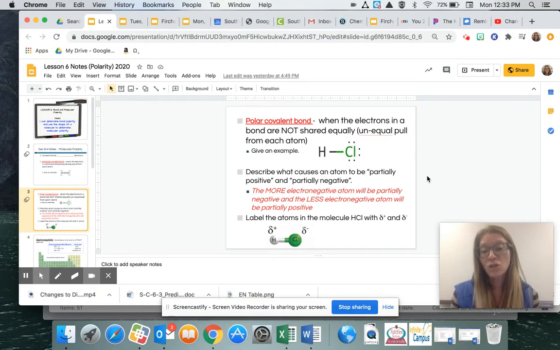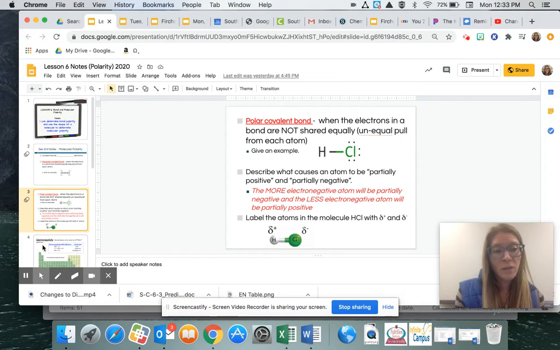Electronegativity was one of the trends that we were going to discuss. So we're going to tie it in now a little bit. So the more electronegative will be more negative. The less electronegative atom will be more positive. So these are the symbols that you'll see for partially positive and partially negative.